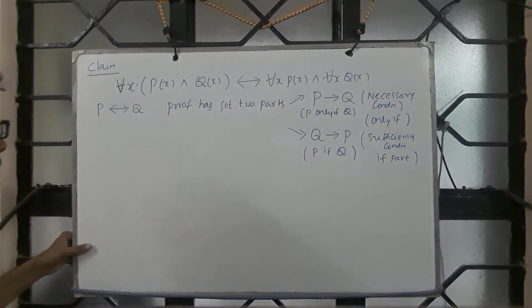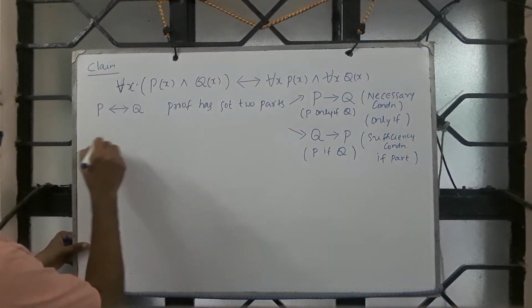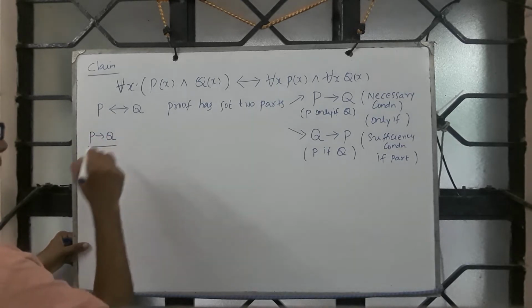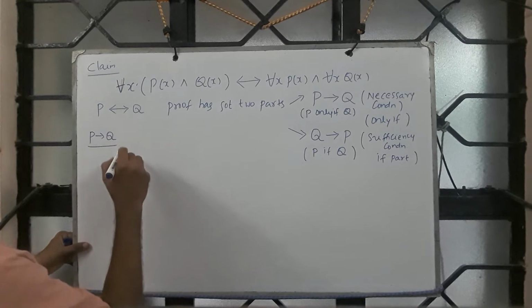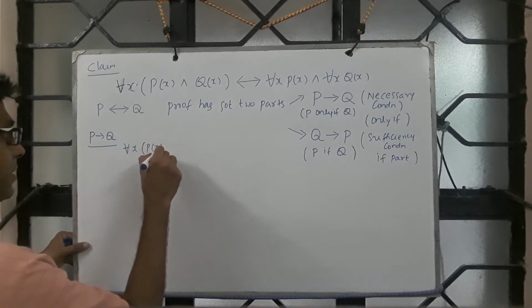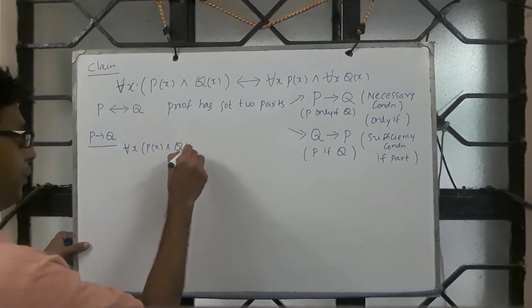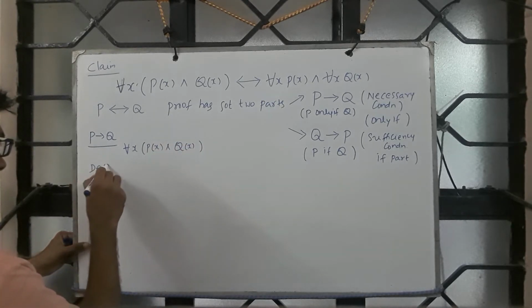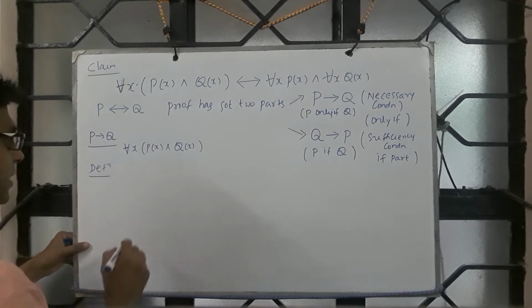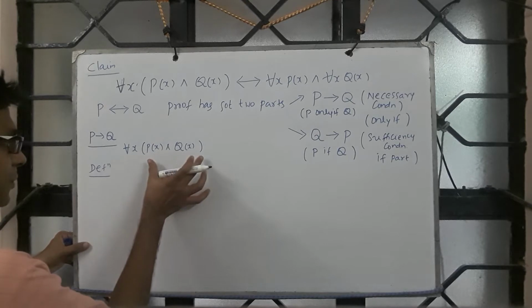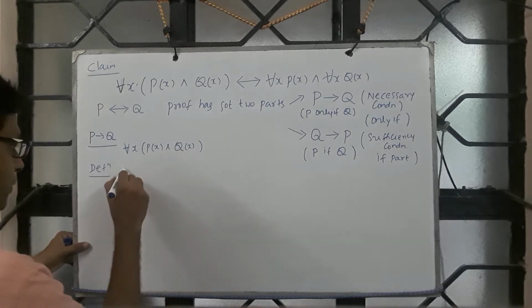Okay? So let's look at the forward direction. P implies q, and what is given to us is for all x, p of x and q of x. Now apply the definition. If you apply the definition, we get, meaning instantiate with respect to first item, second item, and so on.